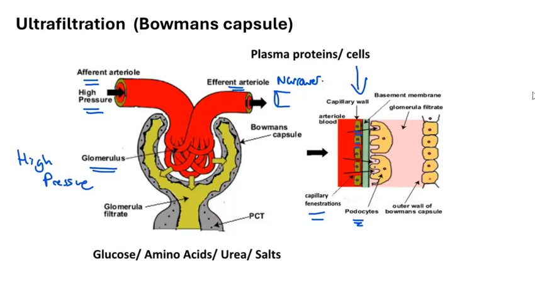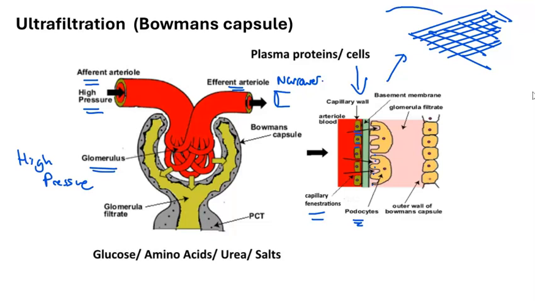In fact, the filtering structure is a meshwork of protein molecules, fibrous in nature, which create this matrix through which the blood is applied and through which some contents pass and others do not.